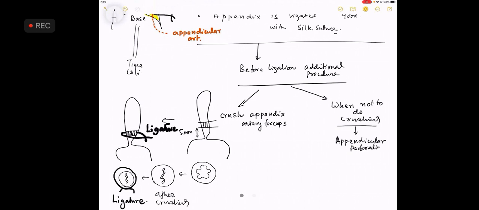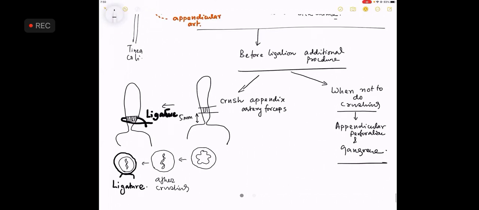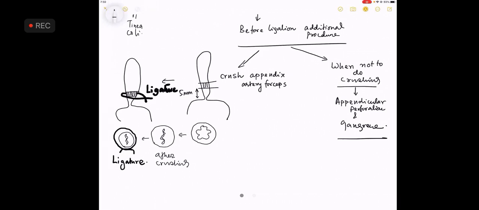Appendicular perforation and gangrene. Please do not do this. There is spillage of contents in the peritoneal cavity, particularly appendicular gangrene. If you have completed writing, then we'll proceed. Yes, sir.